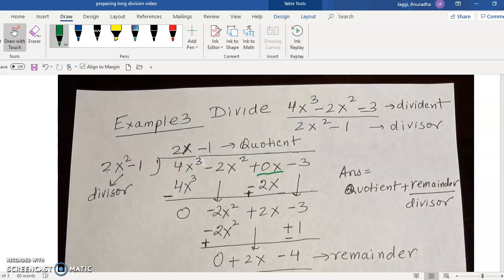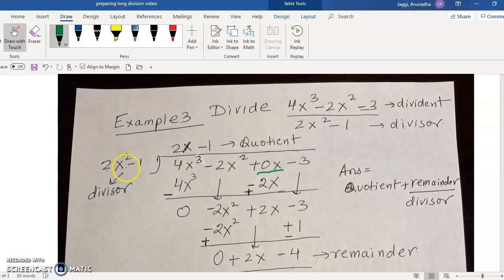Now you can just watch how this question is done. I'll quickly go over it. 2x square, and you want to make 4x cube by multiplying it with someone. So you will multiply it with 2x, but 2x has to be multiplied with both 2x square and also with negative 1, like we were discussing.